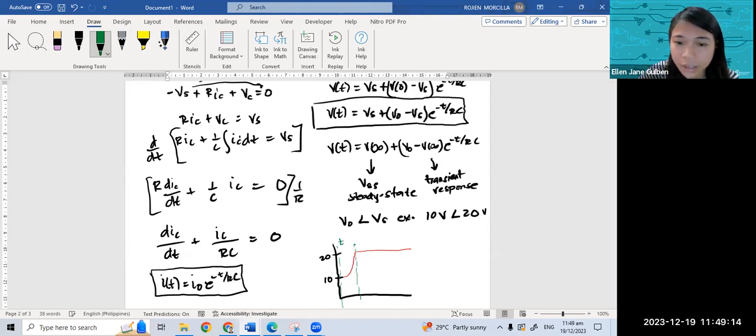So let's call this TR, transient response. And this one right here is the steady state.